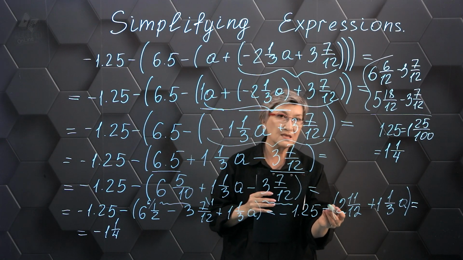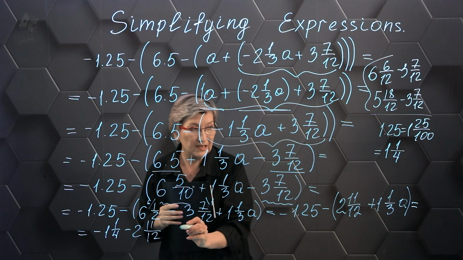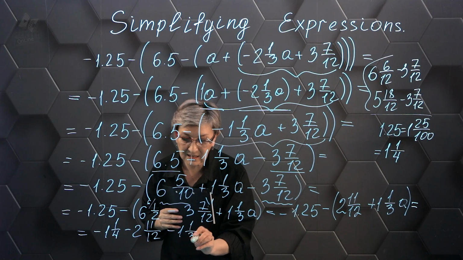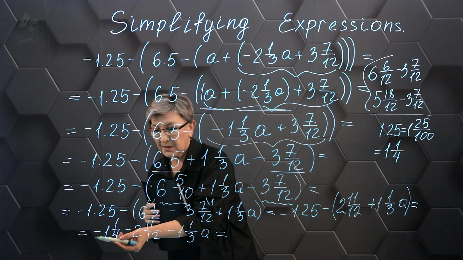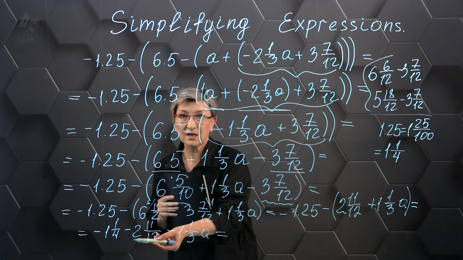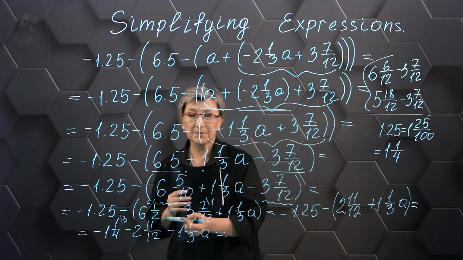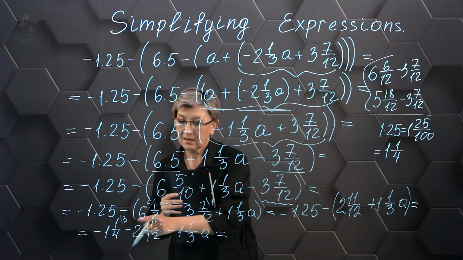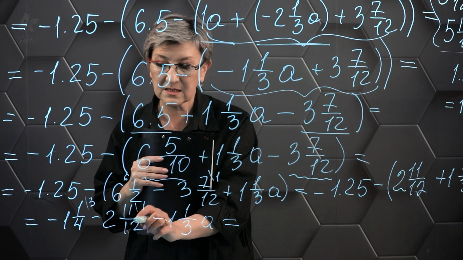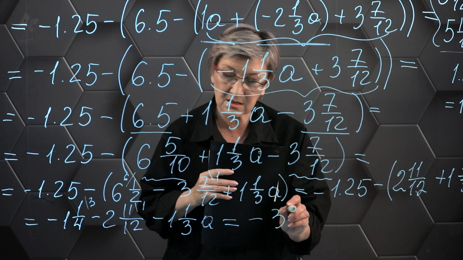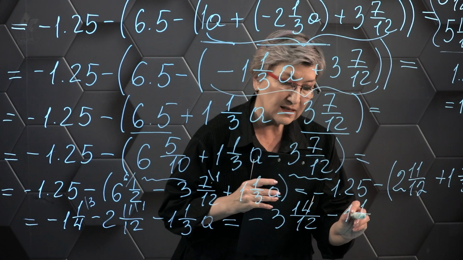The parenthesis is preceded by a minus sign, so I write minus 2 11/12 and minus 1 1/3 a equals. Let's combine similar summands. Minus 1 1/4 minus 2 11/12. The common denominator is 12, so in this case the additional multiplier is 3, and here it's 1. Minus 1 3/12 minus 2 11/12. The result is minus 3 14/12 and 1 1/3 a.